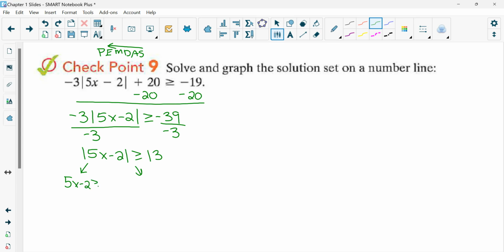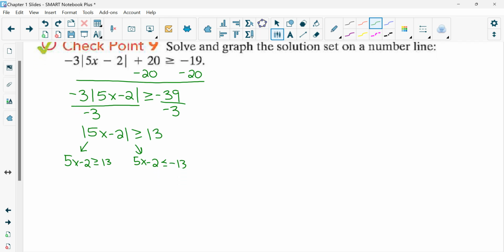So 5x minus 2 is greater than or equal to 13, and 5x minus 2, switch our inequality, less than or equal to, make our right side negative. Perfect. I forgot about that one. So because we divided by a negative here, we also have to flip our sign originally.